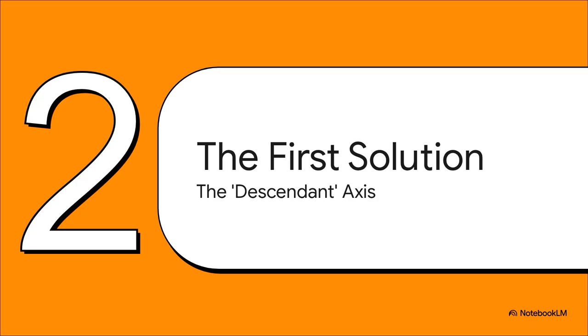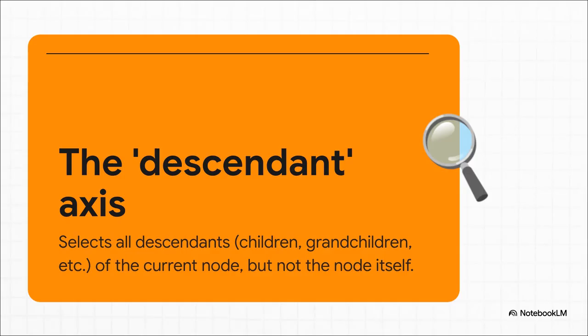Well, let's bring in our first tool for the job, the mighty Descendant axis. The best way to think about the Descendant axis is like a family tree. So if you're the starting element, this axis goes out and finds all your children, all your grandchildren, and basically every single generation that comes after you. But, and this is the really crucial part, it selects them, but it does not select you.